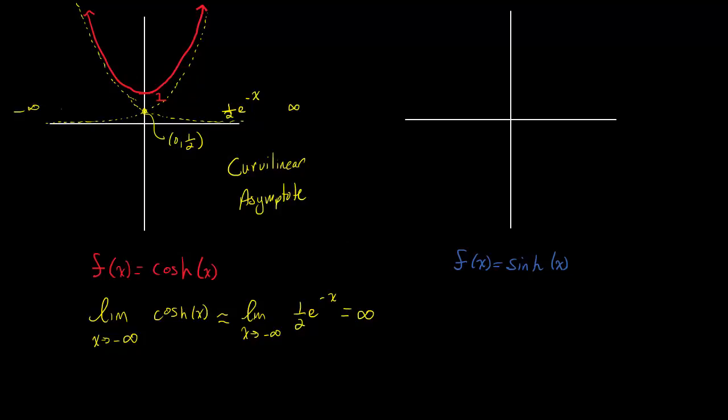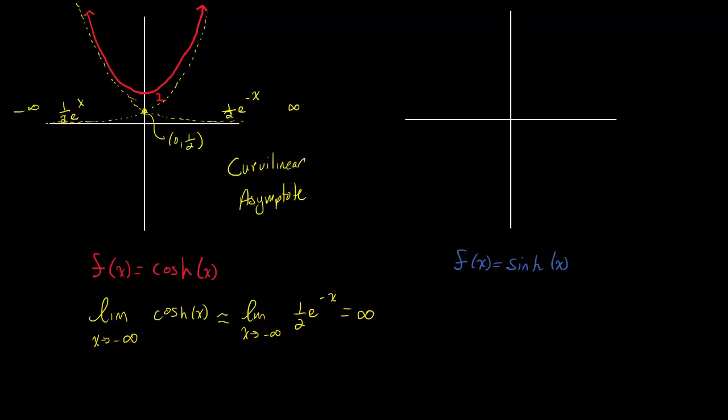This curve over here is going to be 1/2 e to the positive x. That's going to be the curve that is increasing. Hopefully you can see my little green marker. So that'll be 1/2 e to the x.